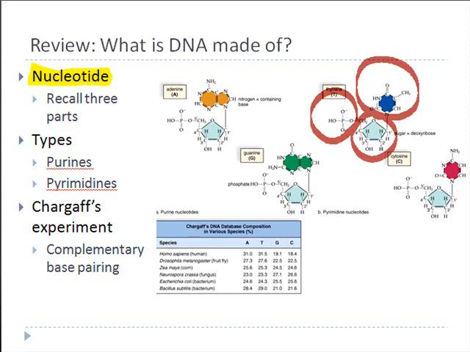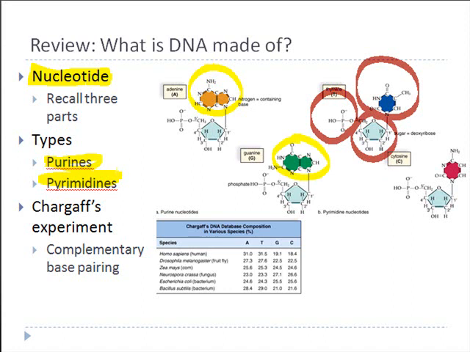And the type of nitrogenous base present will determine what kind of nucleotide you have. Now, we can divide nucleotides into 2 broad categories. You can either have a purine or a pyrimidine nucleotide. Purine nucleotides are nucleotides that are made of two rings containing carbons and nitrogens, oxygens, etc. And they include things like adenine and guanine.